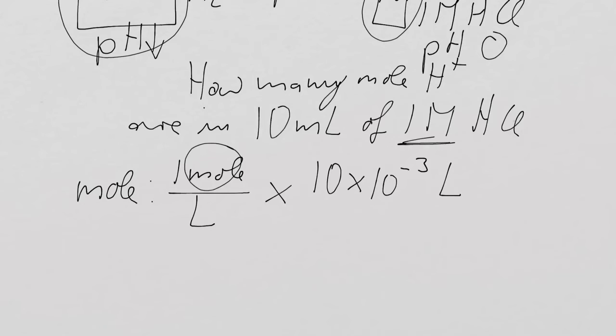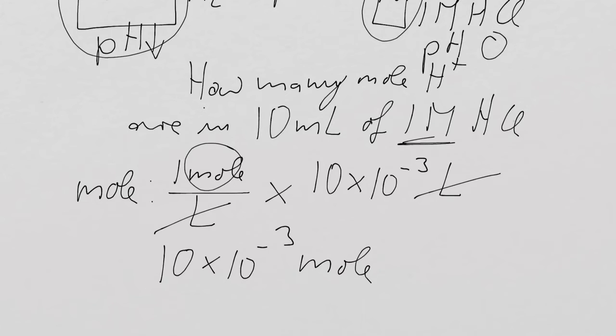The liters cancel out, and I have left 1 times 10, that's 10 times 10 to the minus 3 mole. Does that make sense? So I take 10 times 10 to the minus 3 mole, and I put them into this 1 liter.